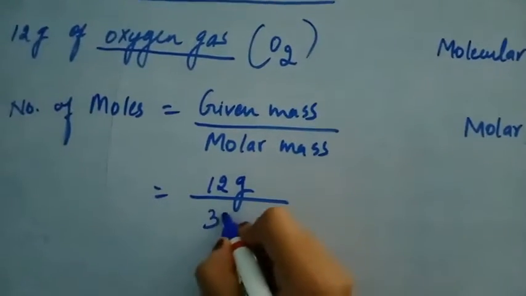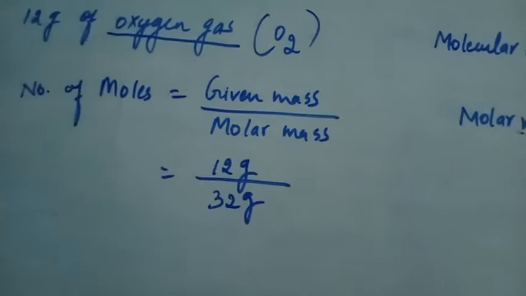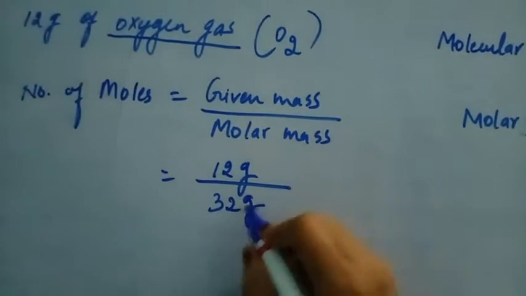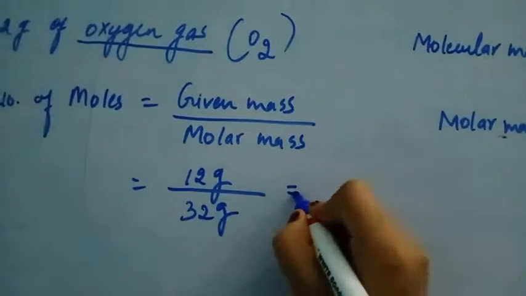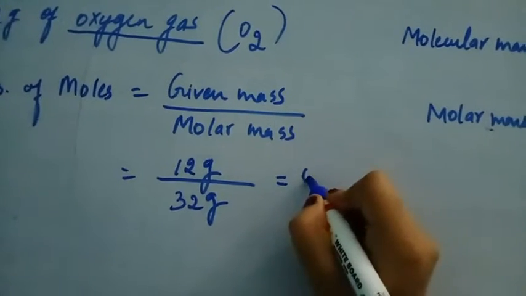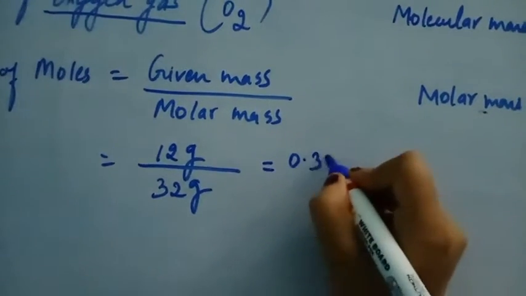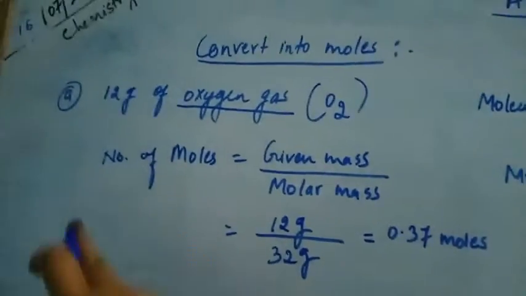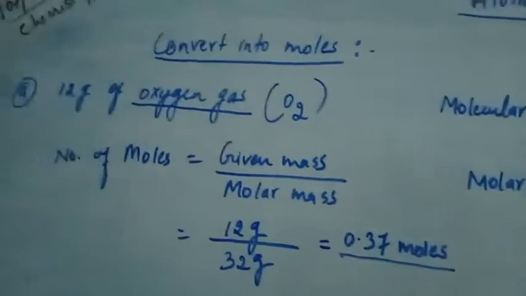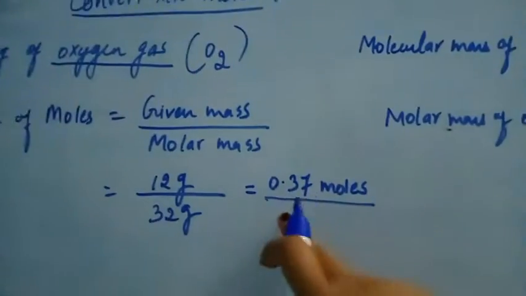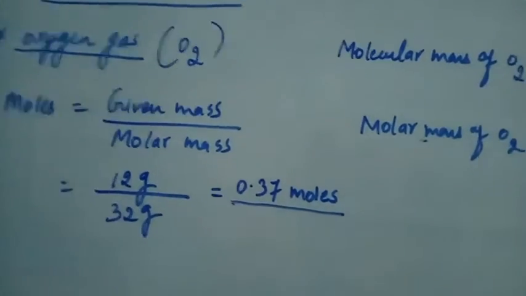What is there? 32 gram. So 12 gram by 32 gram, we will get 3 by 8, that is 0.37 moles. Moles we have to calculate, no? So this is the answer. 12 gram of oxygen gas means 0.37 moles.